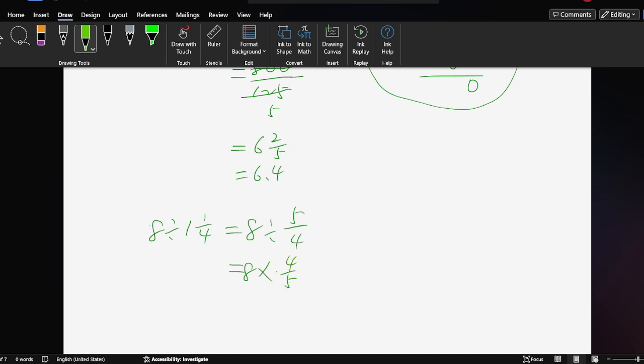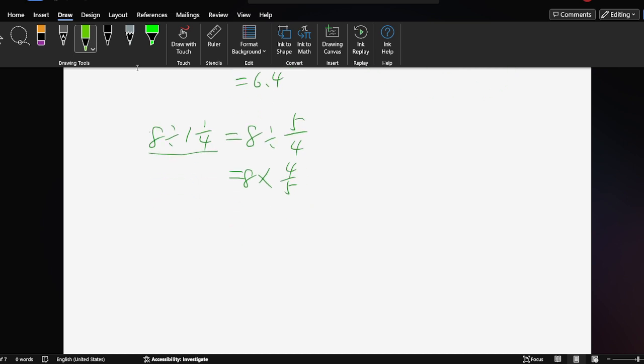So we should ask, what does that mean, 8 divided by 1 with 1 over 4? If we divide the integer, or divide a natural number, we also ask what does that mean, when we divide by 1 with 1 over 4.